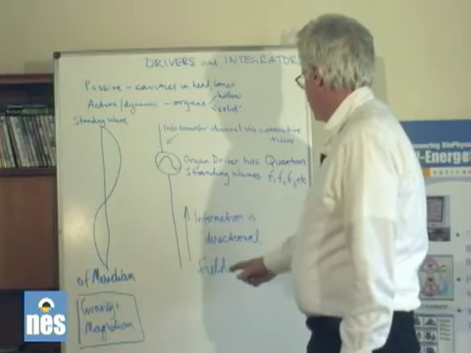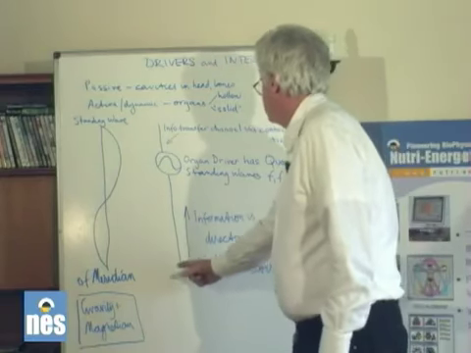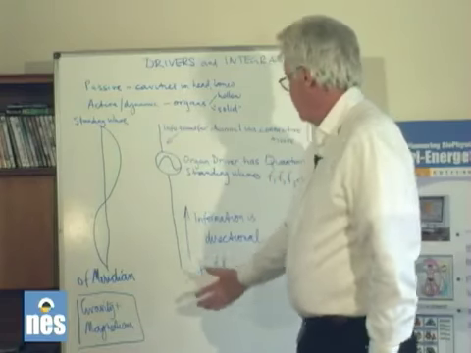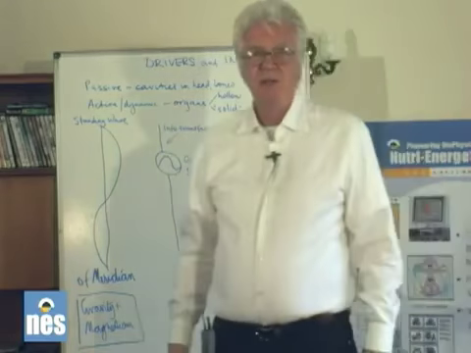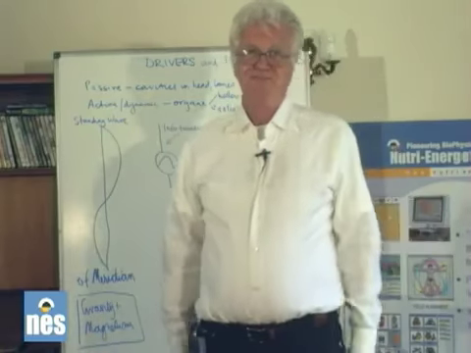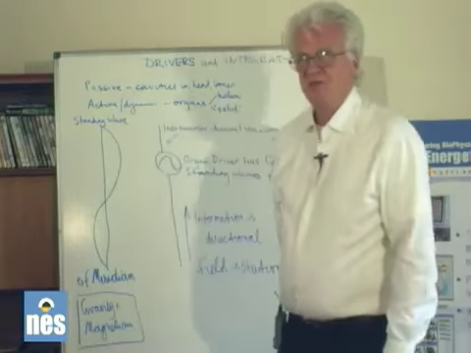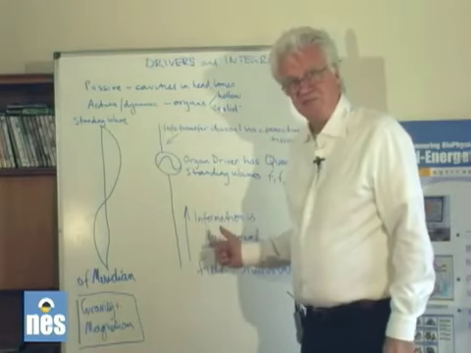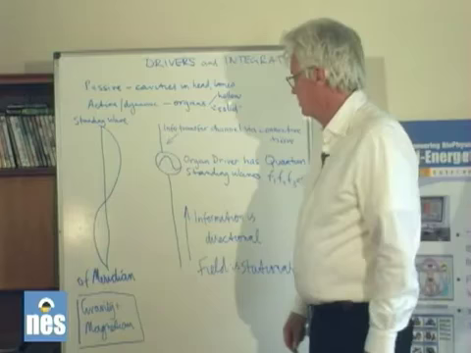Information tends to be directional in this system. It will choose to go that way or that way. Even though the information is directional, the wave actually stands still. This is something people get very confused about. The wave is there just to carry the information. Okay, it's the information that's moving.